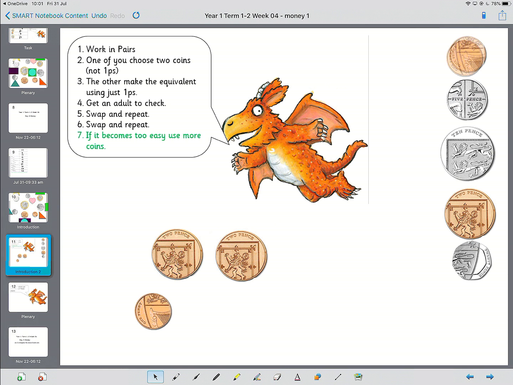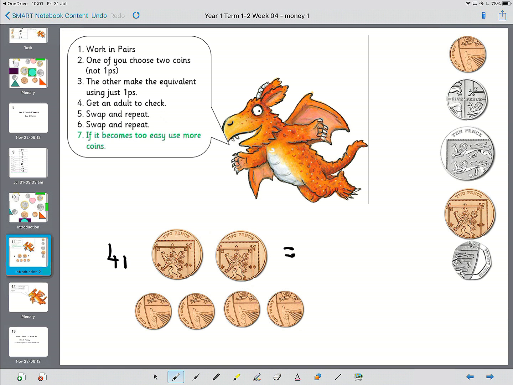And then you need to make it using 1p coins. So you're going to need a fair few 1p coins. If necessary, grown-ups, you can just draw these 1p coins. So what we then could put, if we wanted to be clever, is put an equal sign, because 4p, and we could write down the value, it's the same as 4p. So let's just have a go at one more of these.